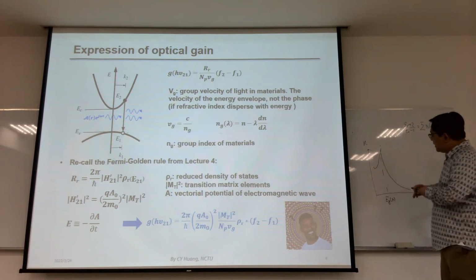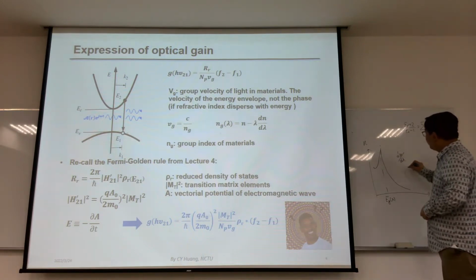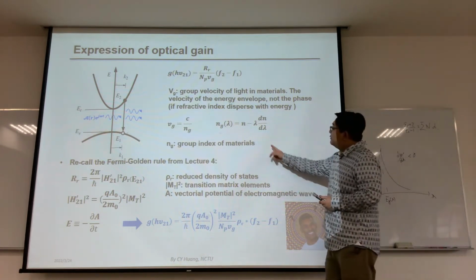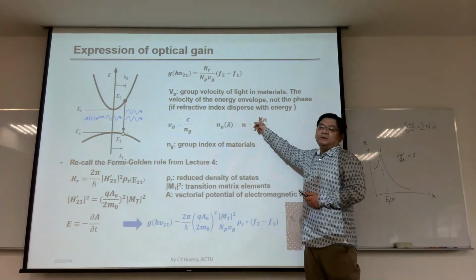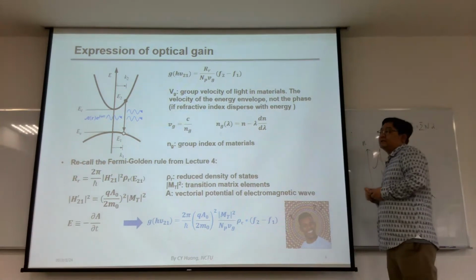So at this part, it's obvious that dn over d lambda is less than 0. So with the negative denominator, this is a plus term. So it should be higher than its phase index.